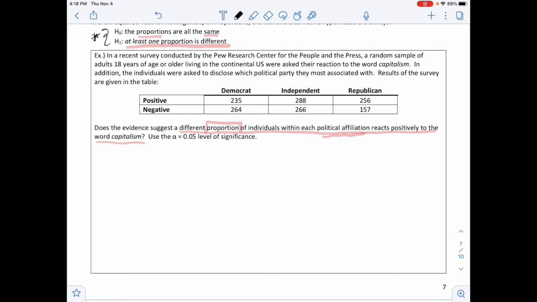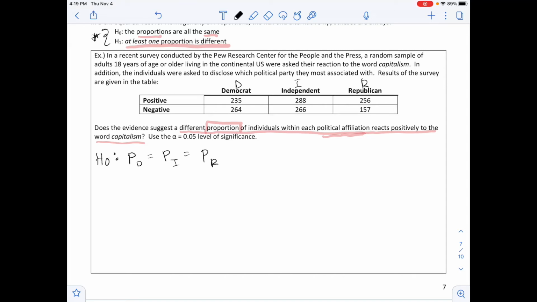So for this problem, I'm going to go ahead and say H0. You can write it out with words, but I'm going to write it out with more symbols. I'm going to say the proportion of Democrats is equal to the proportion of independents, which is equal to the proportion of Republicans. I'm calling those Democrats, Independent, and Republican. So this is saying that the proportions are all the same regardless of political affiliation.